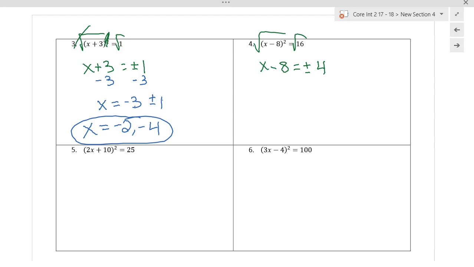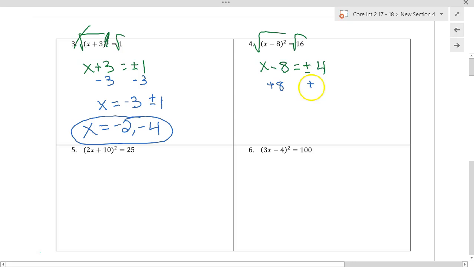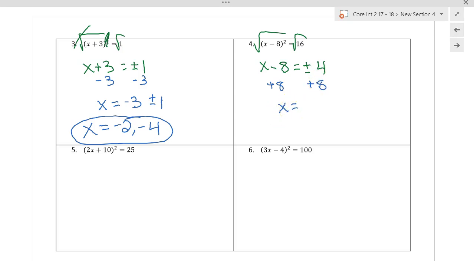Then, doing the opposite to solve for x, 8 is being subtracted, so I'm going to add 8. So x equals 8 plus or minus 4. So x equals 8 plus 4 is 12. 8 minus 4 is 4. So x equals 12 and 4.